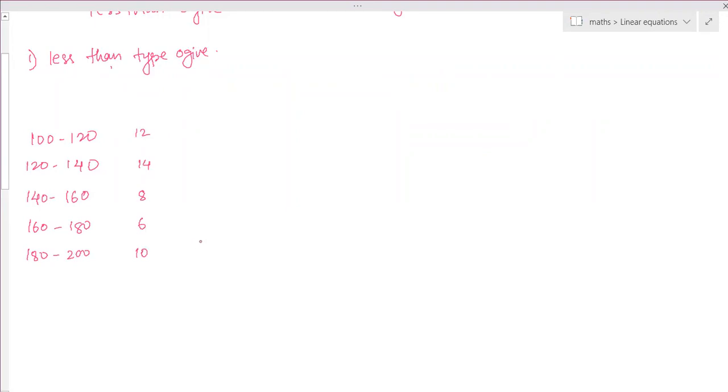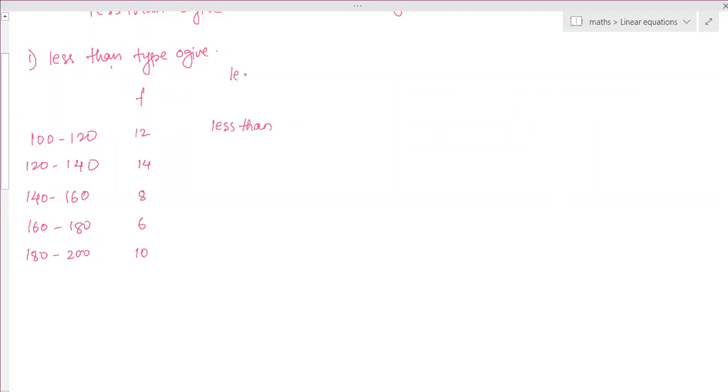So in this case, how to form the coordinates? First we have to get the coordinates, and then plot those on graph paper. For the less than type, we have to convert the class intervals into less than type. I already told you in median how to do less than values: always the upper limit.